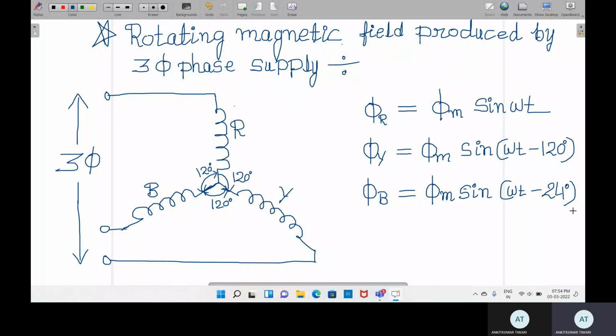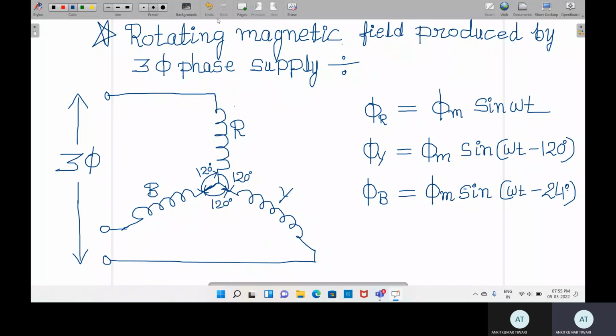So phi R equals phi m sine omega t; coil Y generates phi Y, which is at 120 degrees, so phi Y equals phi m sine omega t minus 120 degrees; and phi B, produced by coil B, which is placed 240 degrees apart from R and 120 degrees apart from Y, is written as phi m sine omega t minus 240 degrees.